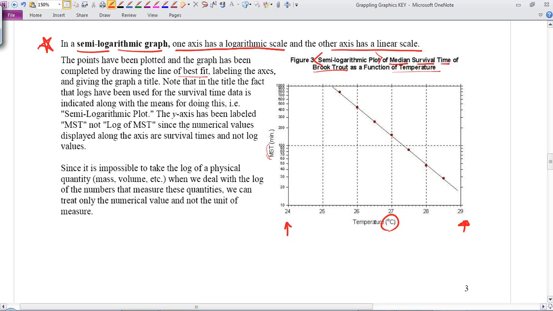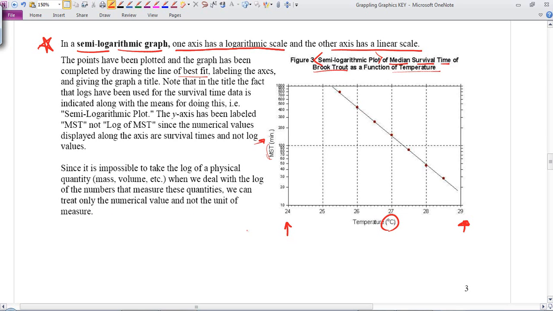So the y-axis has been labeled MST, not log of MST, because the numerical values displayed along the axis are survival times and not log values. And they're times in what unit? Yep, minutes. Since it's impossible to take the log of a physical quantity, mass, volume, etc., when we deal with the logs of the numbers that measure these quantities, we can treat only the numerical value and not the unit of measure.